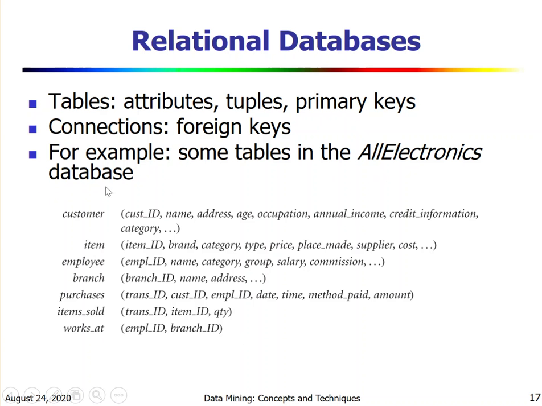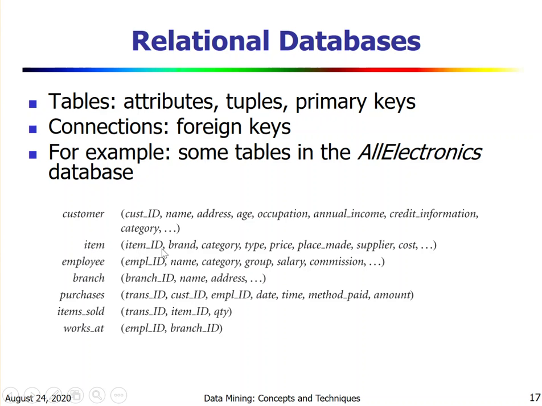A database has a set of tables. Here customer is one table. In this table, we have a number of columns, also called attributes. Those describe a customer: name, address, age. We also have a different table, item. Those are the things that people can buy.